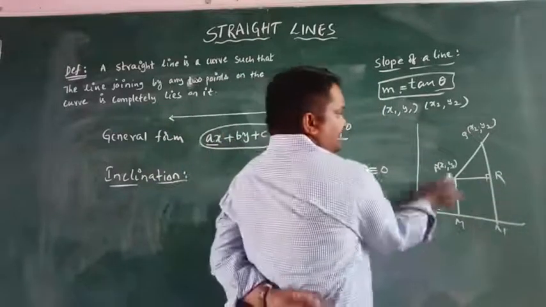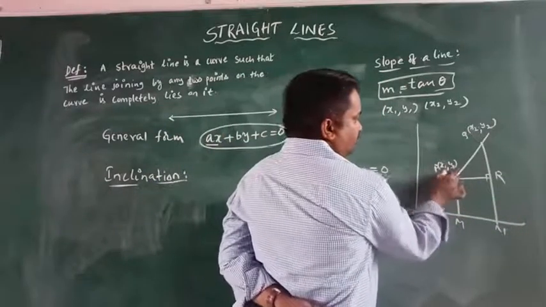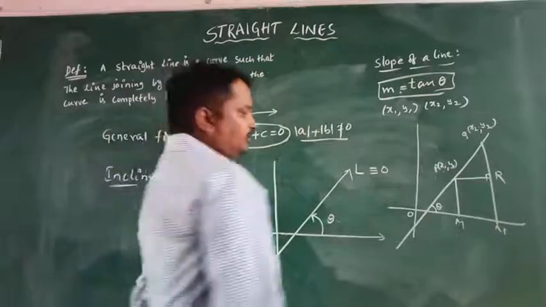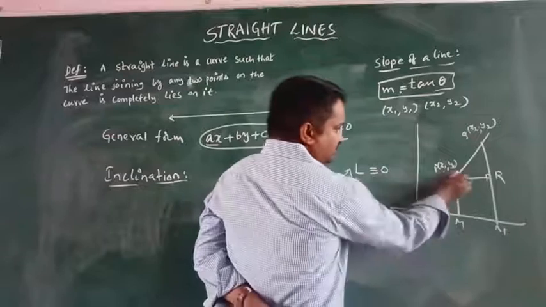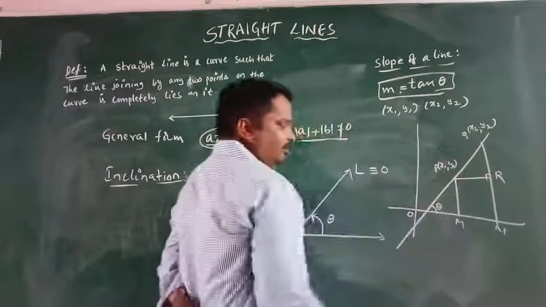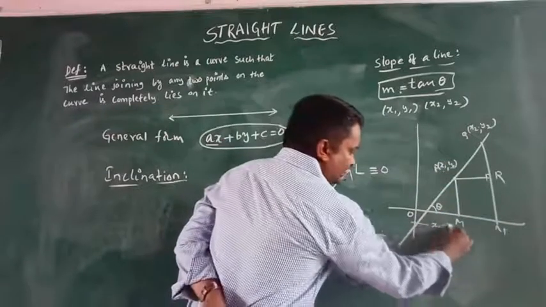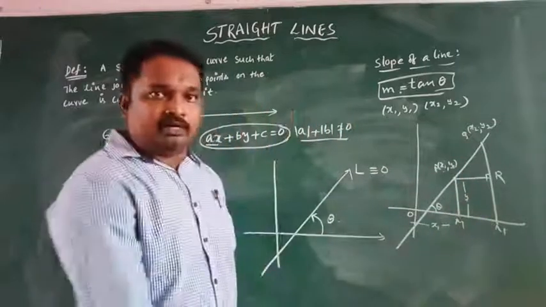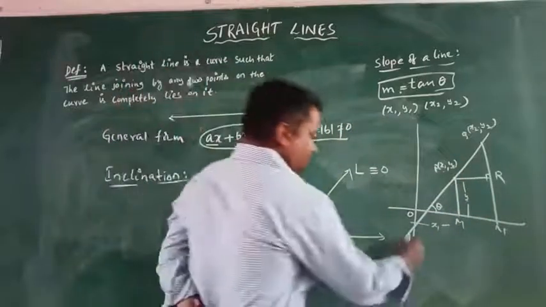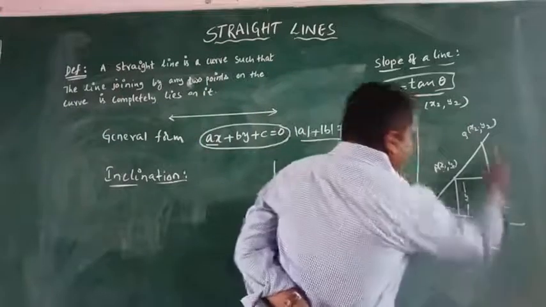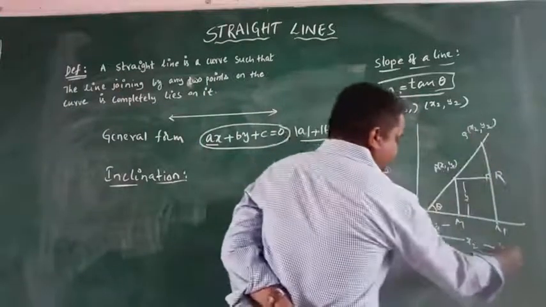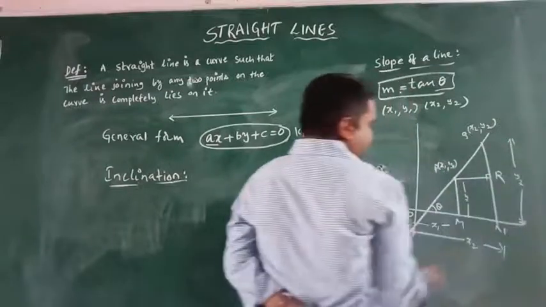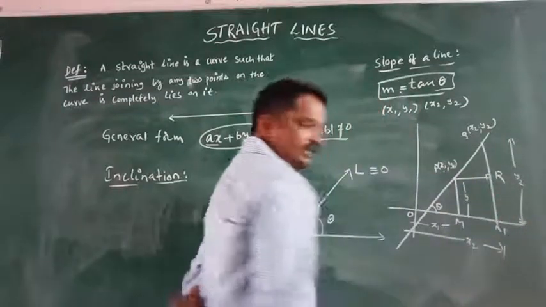Now observe this. PRQ is a right angle triangle. This point is x1, y1, so this is the x1 value and this is the y1 value, as you all know from coordinate geometry. This is the x2 value from the point x2, y2, and this is the y2 value. From this I want to write the PR value.